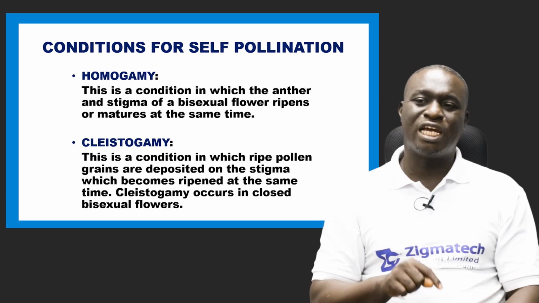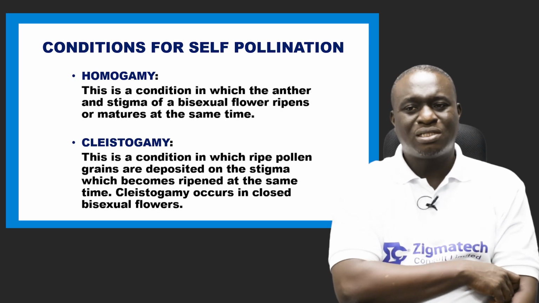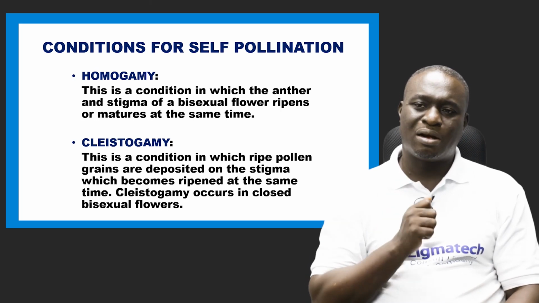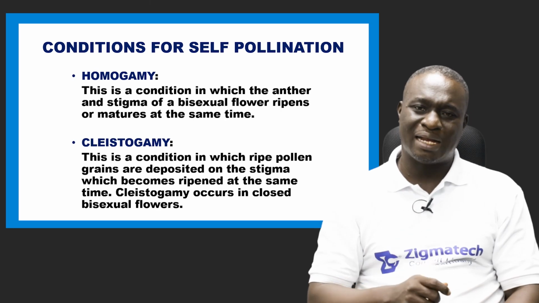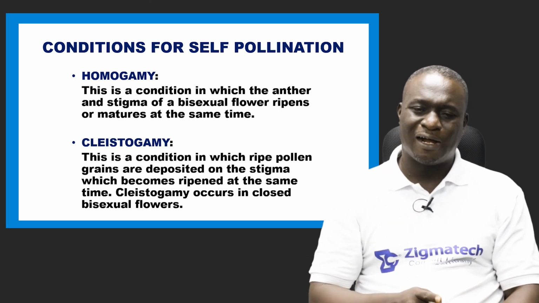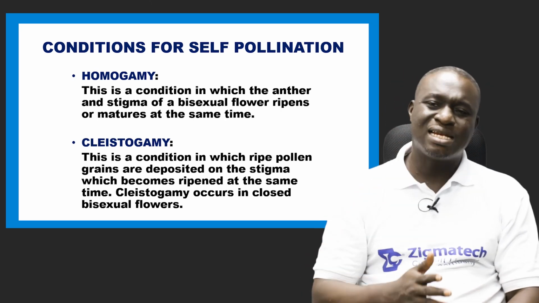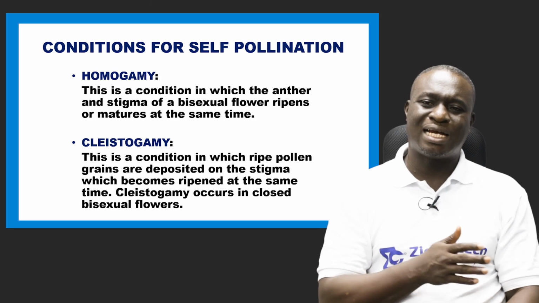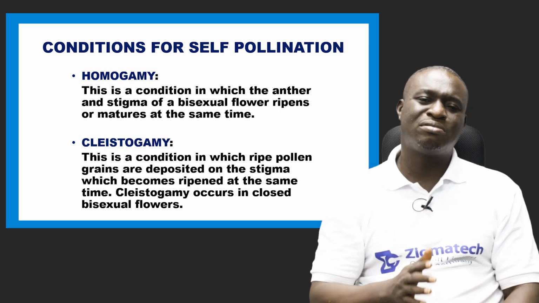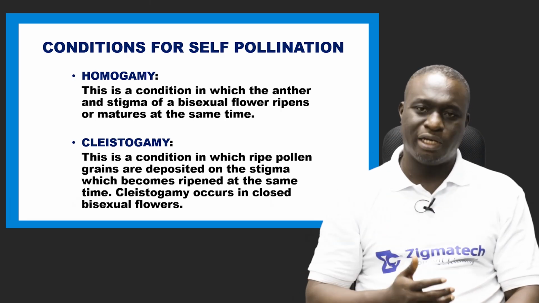Now, homogamy is a condition in which the anther and the stigma of a bisexual flower ripen or mature at the same time. A bisexual flower has both male and female parts present in one flower. Most times we call bisexual flowers hermaphrodites. They are found in the same flower. Now, if both anther and stigma ripen at the same time, we call that homogamy, and homogamy brings about self-pollination.